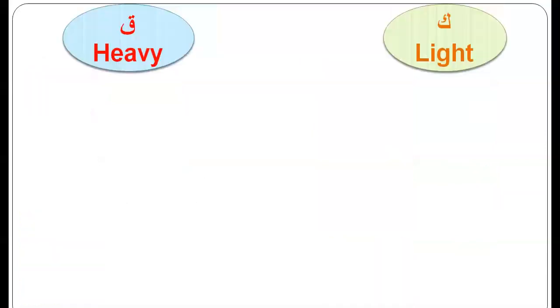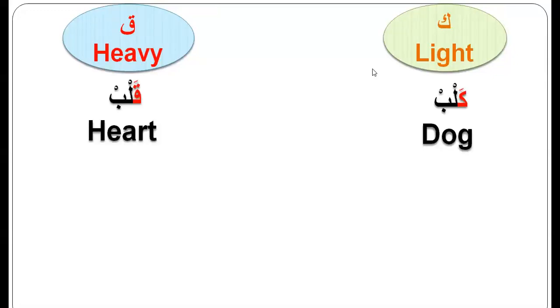As for the next letters, we have kaf, a light letter, and qaf, a heavy letter. Let's take these examples. Ka with fatha, we say kalb, which means dog. As for qa, qalb, heart. Then we see that these words are like rhyming words.